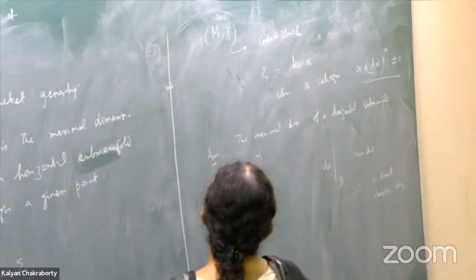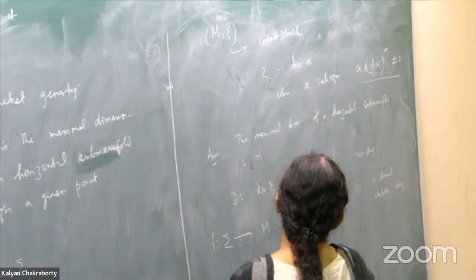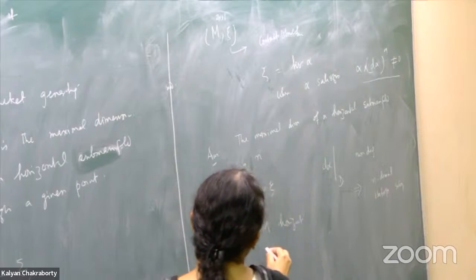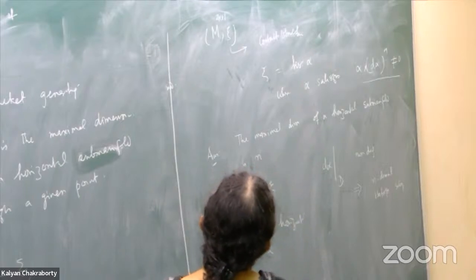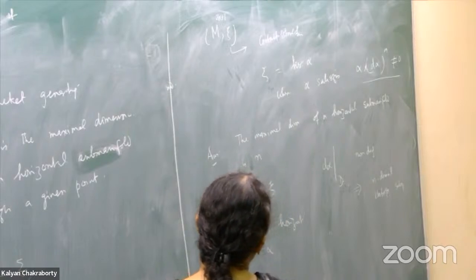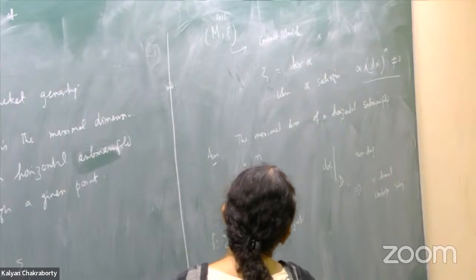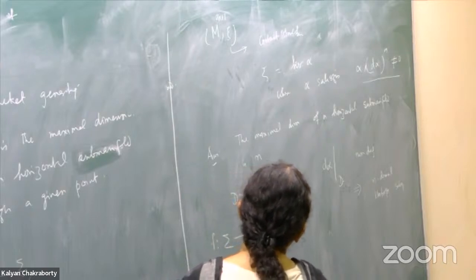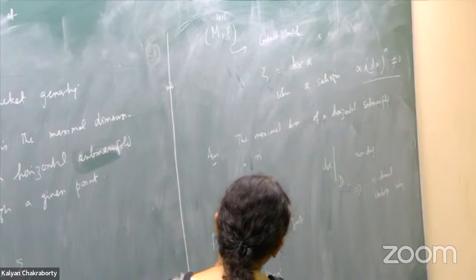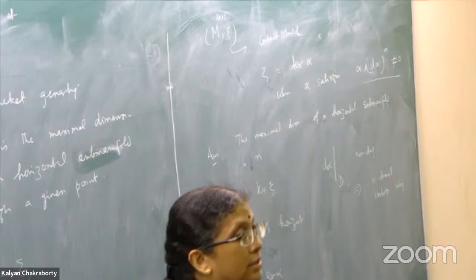Suppose F is horizontal. Then this is defined by alpha. So if something is horizontal, then we say that dF_x of some vector belongs to kernel alpha. So if I apply alpha on this vector, I should get 0.